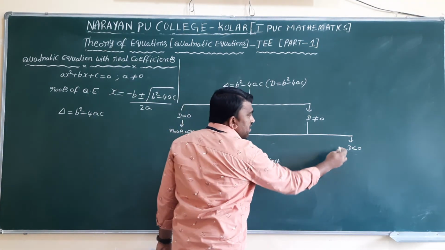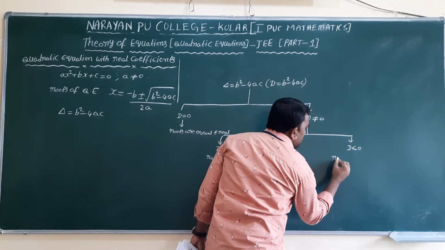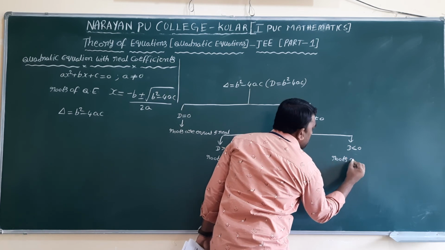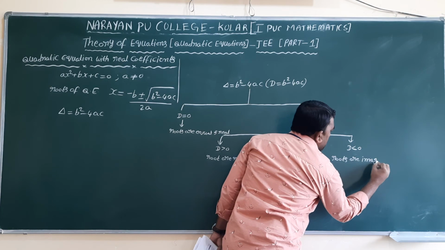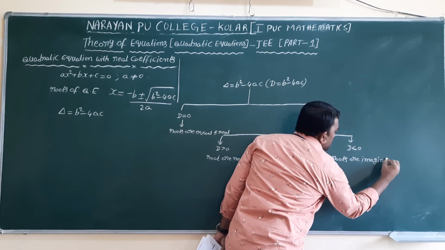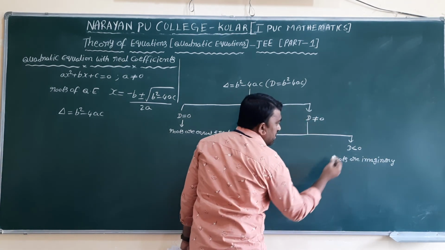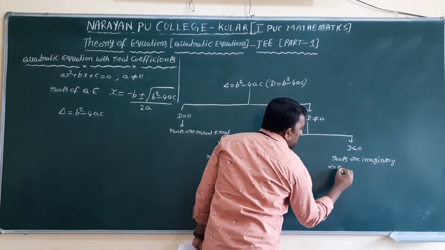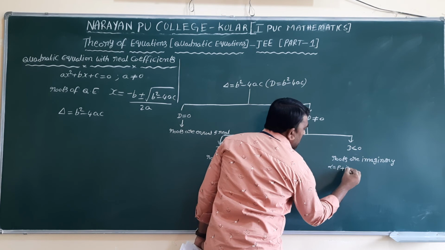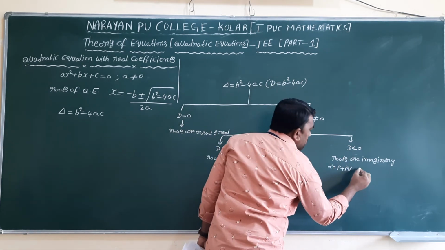D is less than 0: roots are imaginary. We know the imaginary roots are of the form p plus iq, p minus iq, like that.